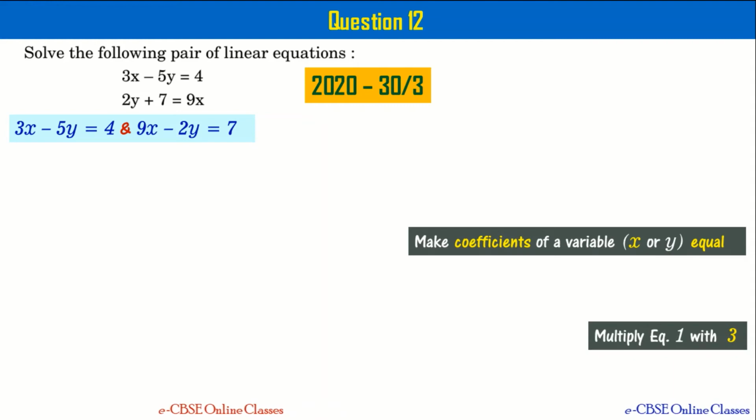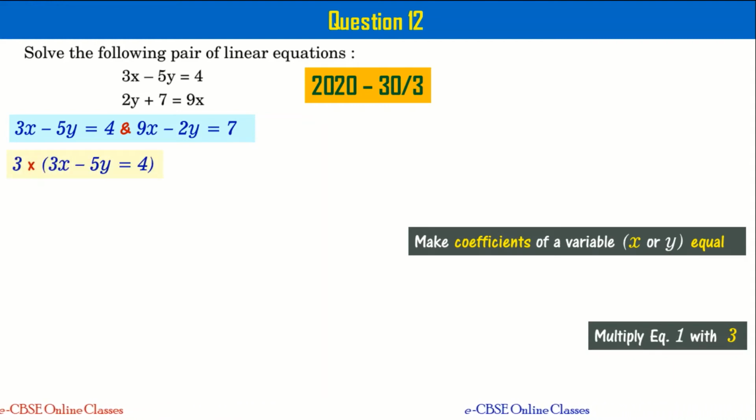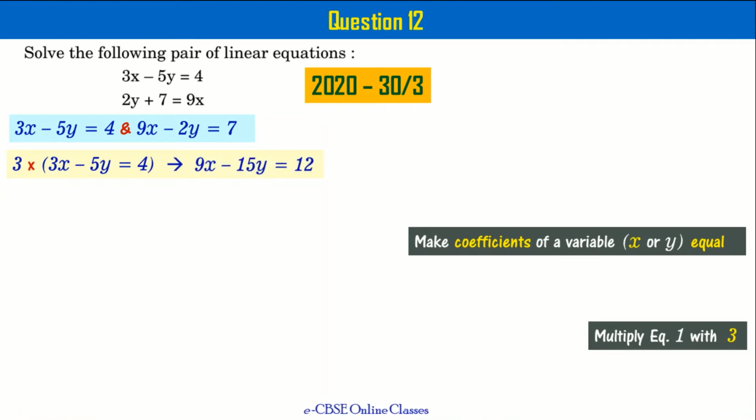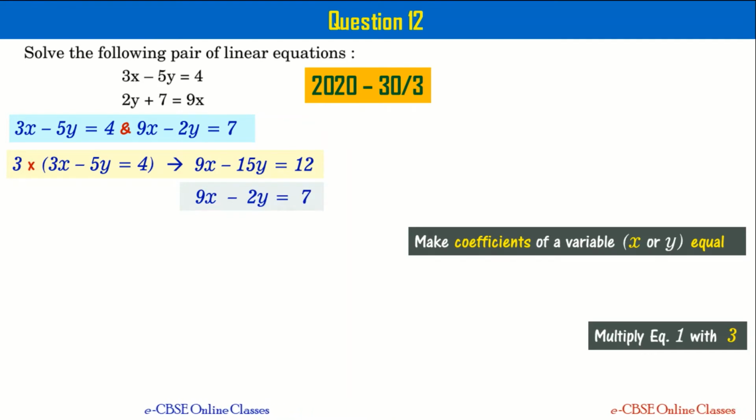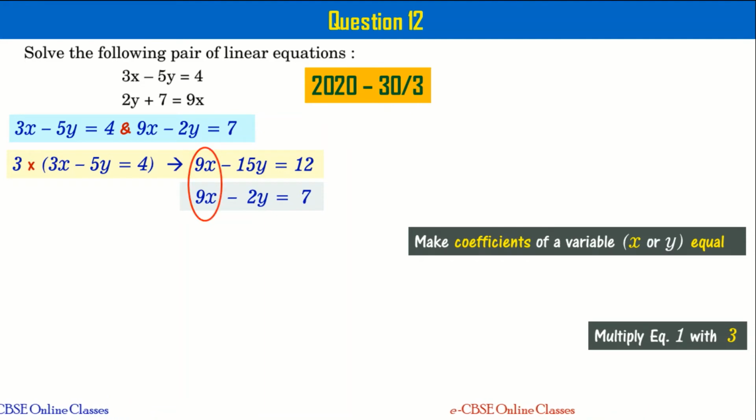For that, I'm going to multiply equation 1 with the number 3, so that it becomes 9x minus 15y equal to 12. And I'm writing the second equation as is, that is 9x minus 2y equal to 7. The next step, you see here, the coefficients of x are equal, both are 9, right?